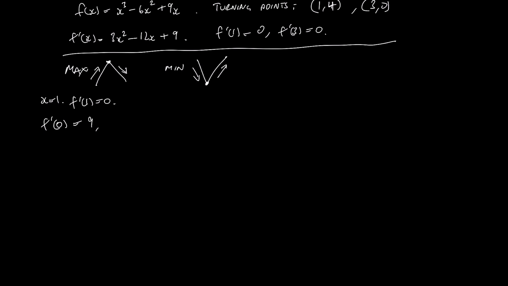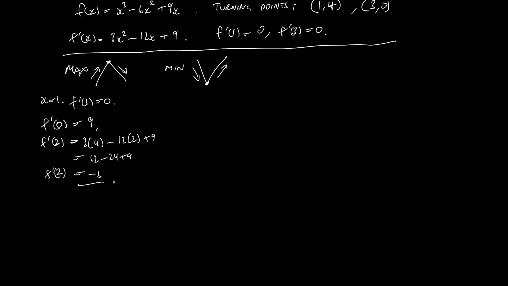How about 2? Let's have a look at f dash 2. What do we get? We get 3 times 4 minus 12 times 2 plus 9. 12 minus 24 plus 9, minus 3. So f dash 2 is minus 3.